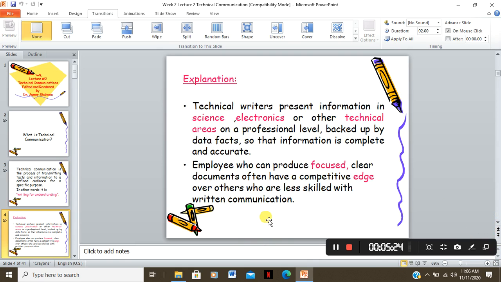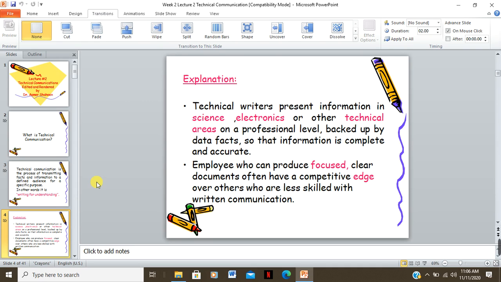Okay, next slide, we are going to have a bit more explanation of the concepts that we have already introduced. Technical writers, like you people who are engineers, or if you are doctors, or if you are in any employment atmosphere, you have to speak according to the SOPs determined by your organization or your office.